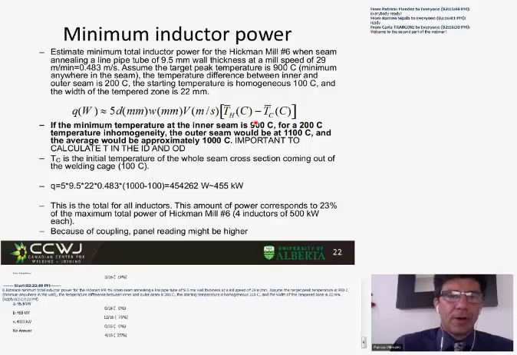That's the coldest part. If I get a 200-degree temperature difference between inside and outside, that means that the outside will be at 1100 degrees C, 900 inside, 1100 outside, and then the average temperature would be approximately 1000 degrees.